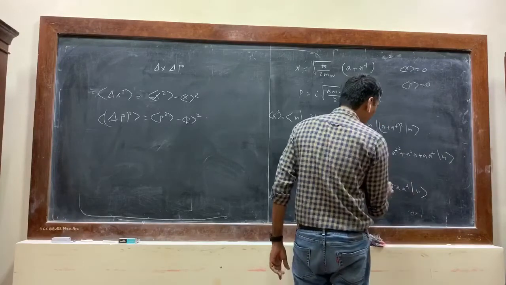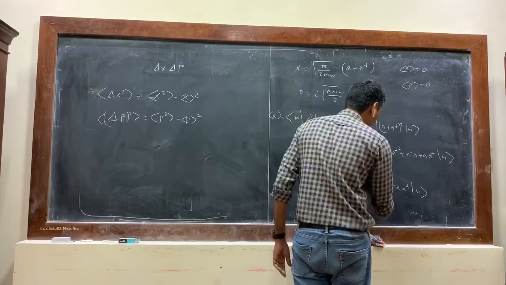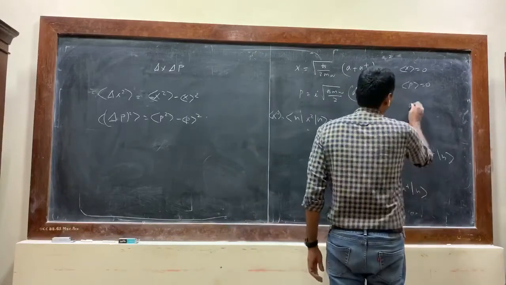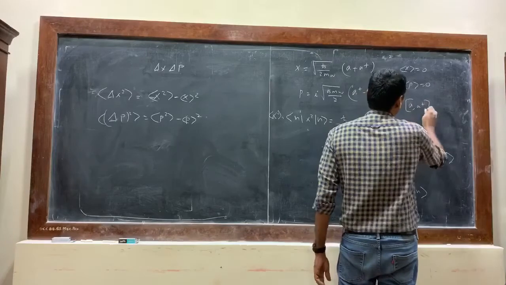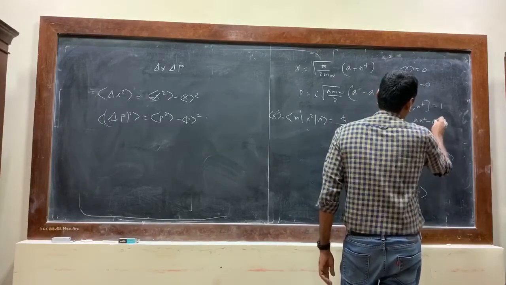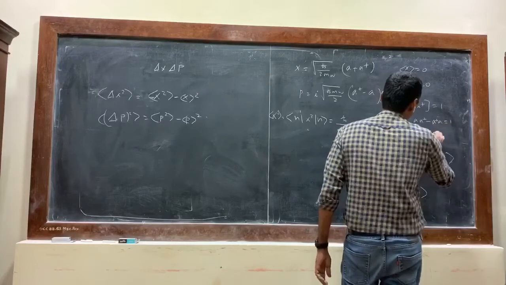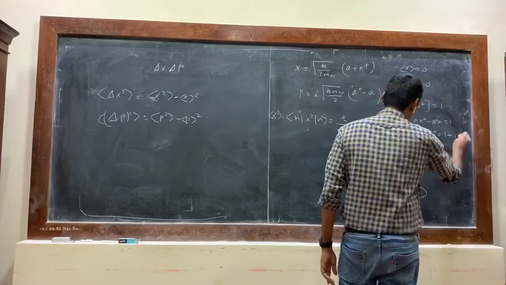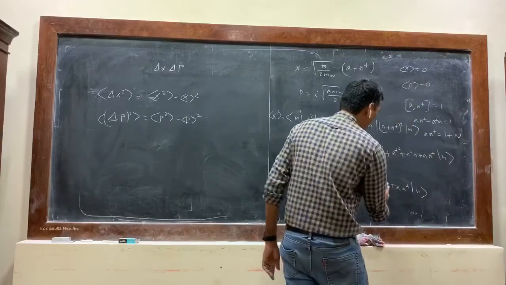But a dagger a is basically the number operator N, and the commutator of a and a dagger is 1, so a a dagger minus a dagger a is equal to 1, or a a dagger is basically 1 plus a dagger a, which is 1 plus N. So you will get 2N plus 1.